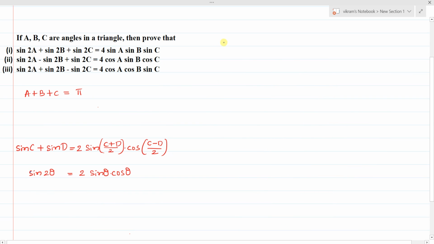And the next question is sin 2A plus sin 2B minus sin 2C. We can use the formula for sin C plus sin D for these two terms.